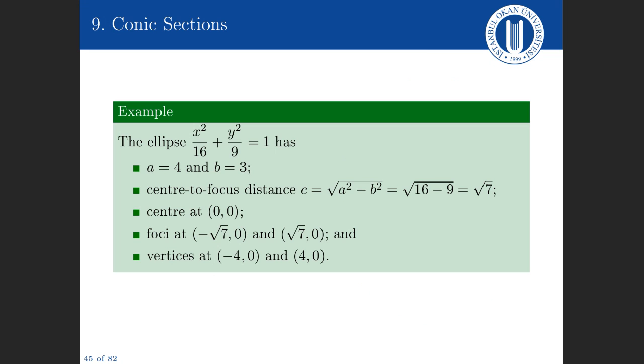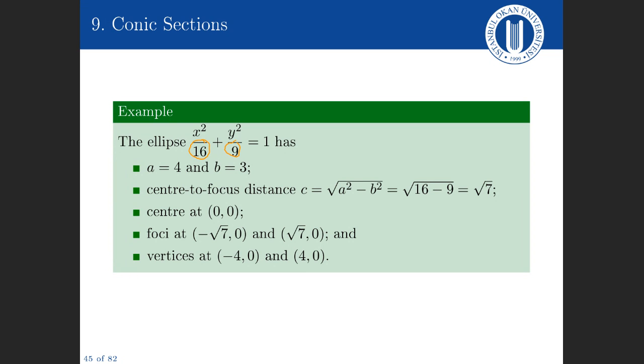For example, the ellipse x squared over 16 plus y squared over 9 is equal to 1. A squared is 16, so a must be 4. B squared, the smaller number, is 9, so b is equal to 3.